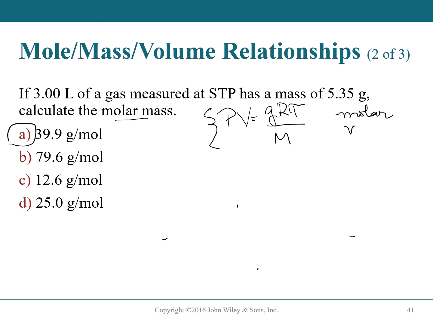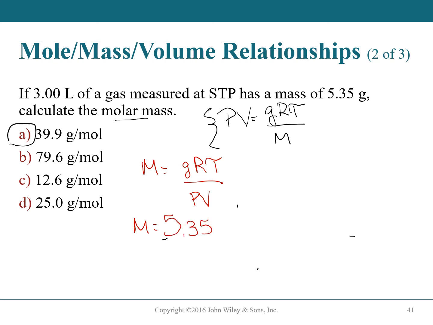Okay, now let's take a look in red what happens if I use our formula. So if we use the formula in red, we're looking for M, so I'm going to rewrite the formula. M is GRT over PV. So my molar mass, we know G, we said was a 5.35 gram sample. R, we said was 0.08206 liter atmospheres per mole Kelvin.